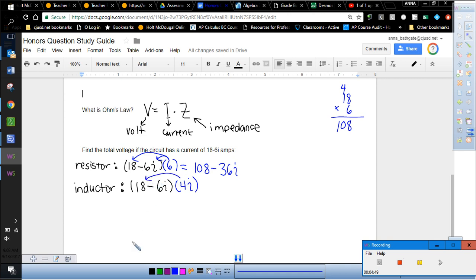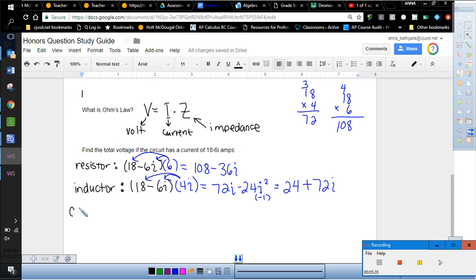So I get 4i times 18, which is 72i. Then negative 6i times 4i is negative 24i squared. But remember, i squared is negative 1, so that's really positive 24 plus 72i.